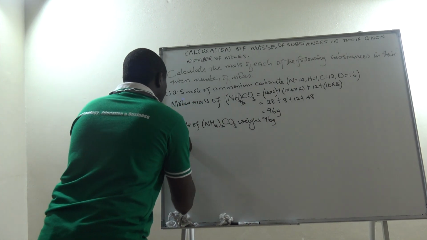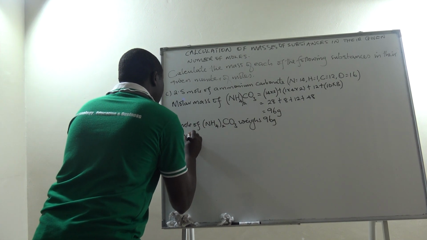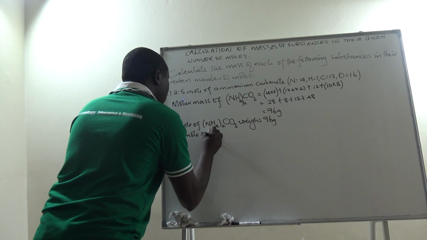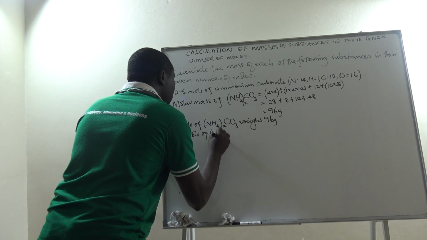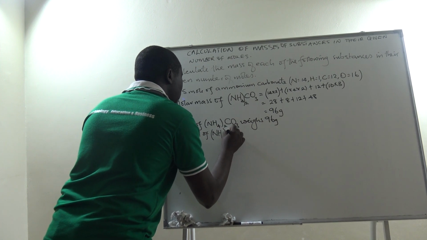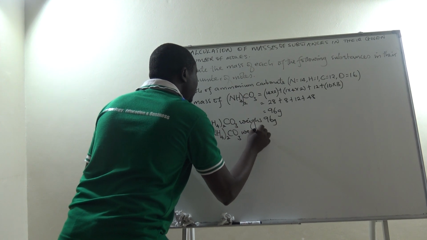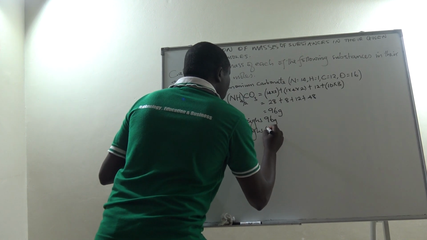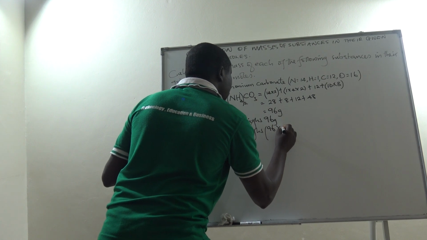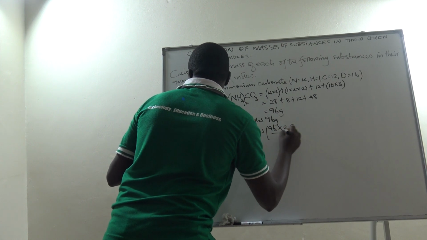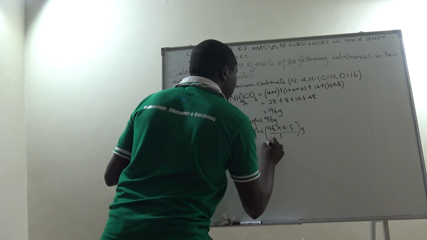Then what of the 2.5 mole of ammonium carbonate? It weighs 96 times 2.5 over 1 gram.